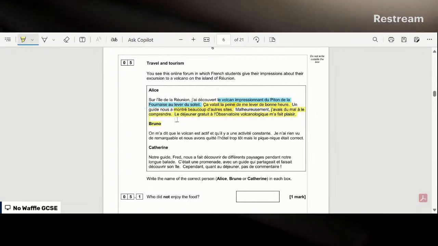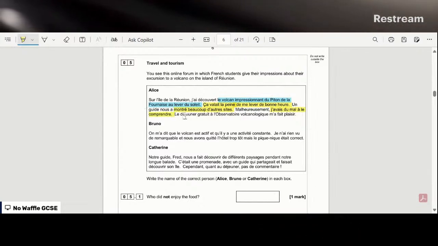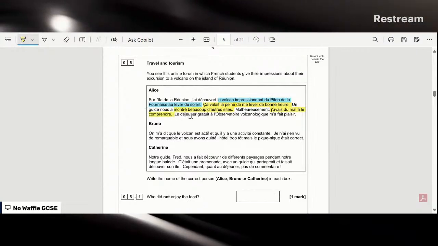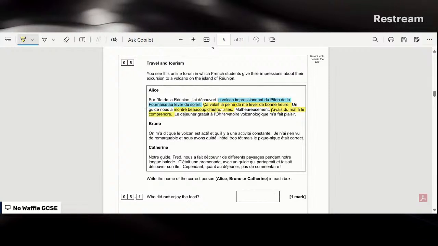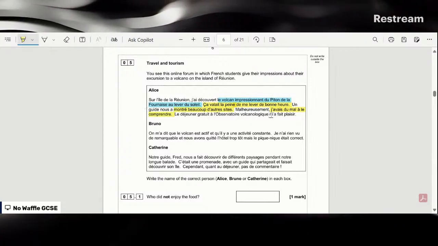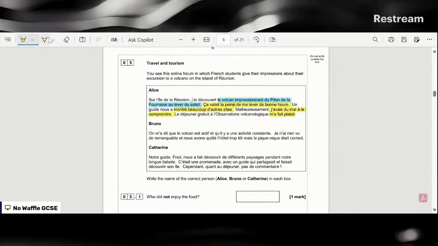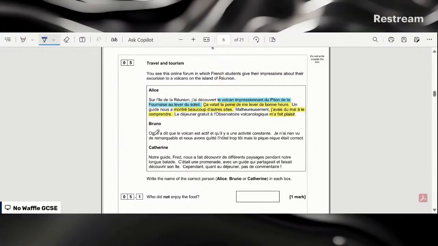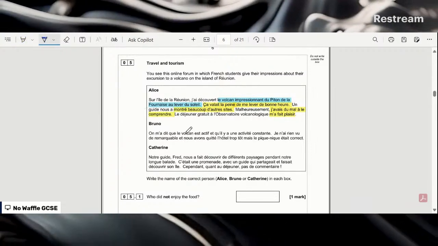She's saying she had trouble understanding it. Le déjeuner gratuit, the free lunch at the observatory, the volcanic observatory, m'a fait plaisir. Okay, that was all we were asking for the first one. So she liked it, fine.